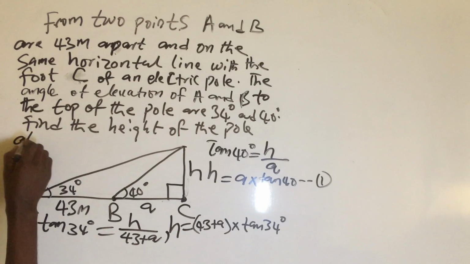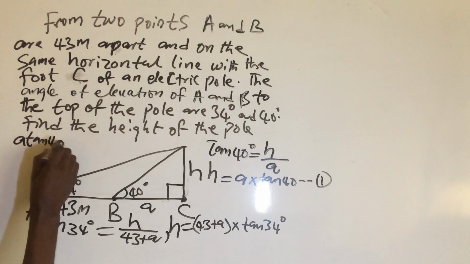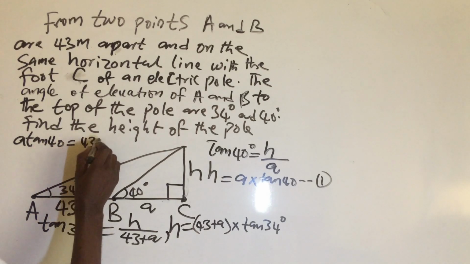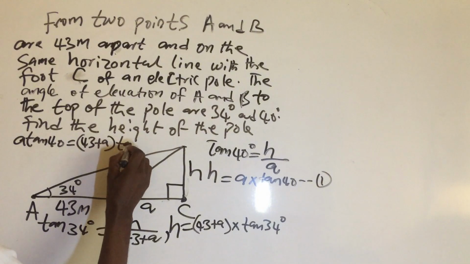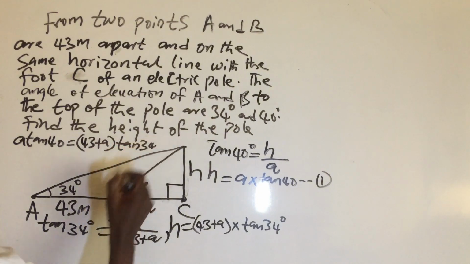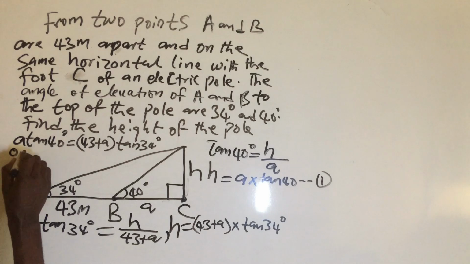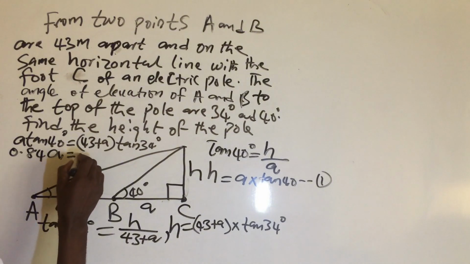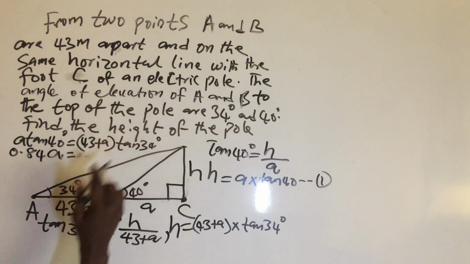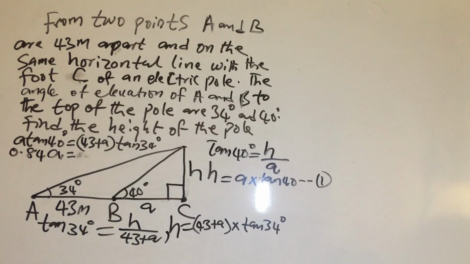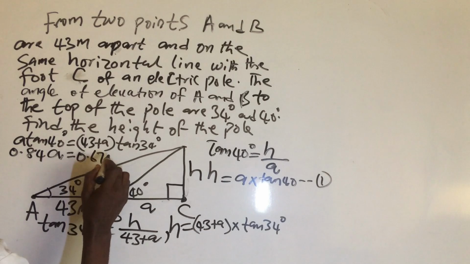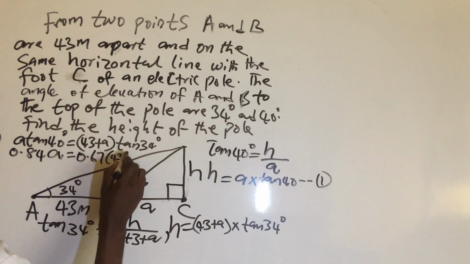That a tan 40 is equal to 43 plus a in bracket tan 34 degrees. Now let's find tan 40. Tan 40 is what on our calculator? 0.84a, okay, equals to tan 34, which is what on our calculator? 0.67, in bracket 43 plus a.